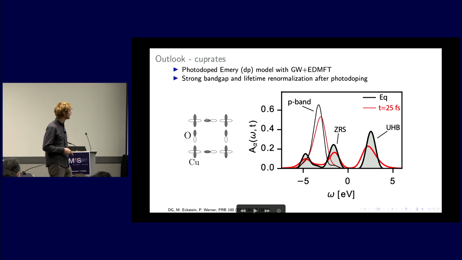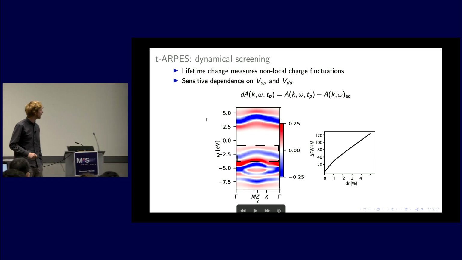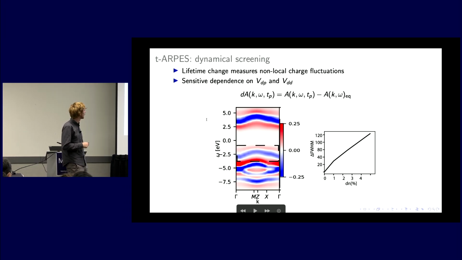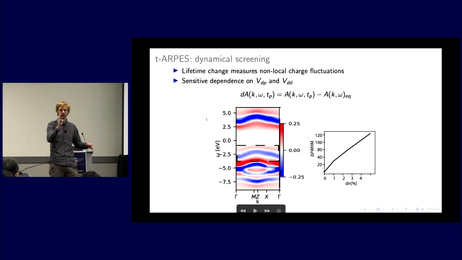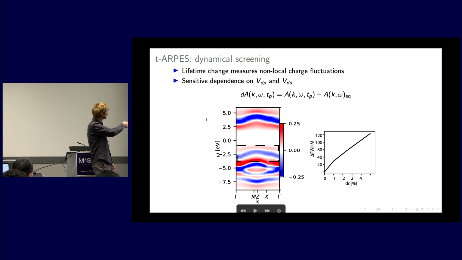Let's repeat the same idea as we did before for tantalum 2 nickel selenium 5. What I plot here is the change in the spectral function with respect to equilibrium. I choose a certain delay time and plot the difference with respect to equilibrium. The red color is the increase, the blue color is the decrease.